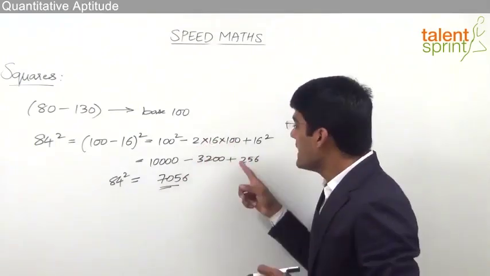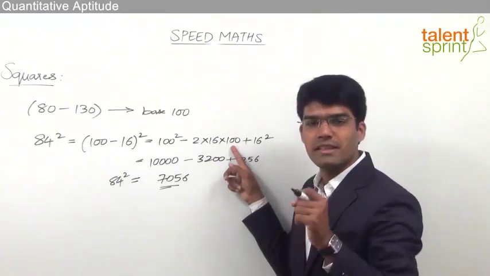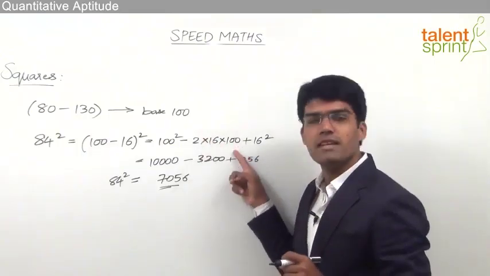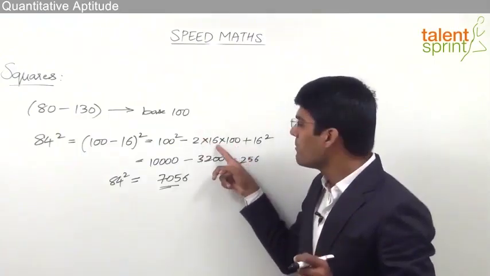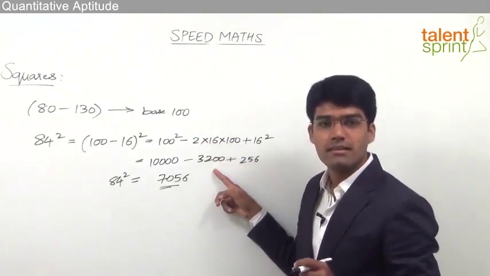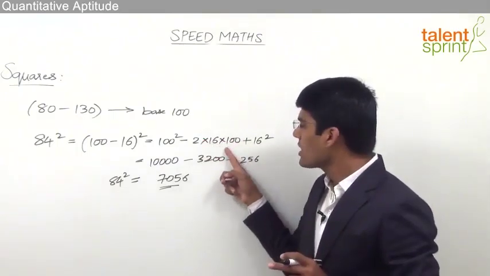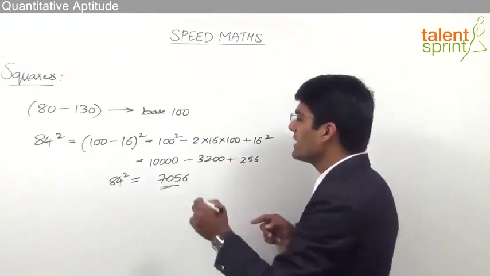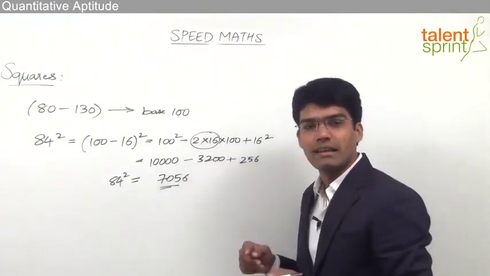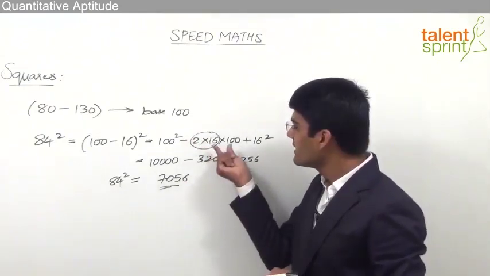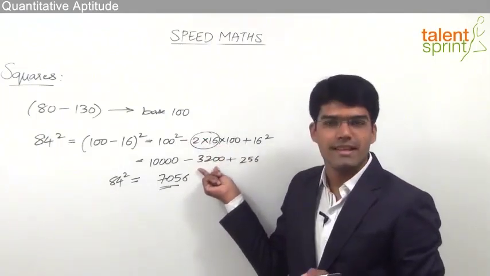Now if the base is 50, 2 into 50 gives us 100, so that is the reason b into 100 is directly taken in the answer. But here we already have got one of the terms as 100, and the remaining part is 2 into 16, 32. So that is the reason 32 into 100, 3200 is taken here.